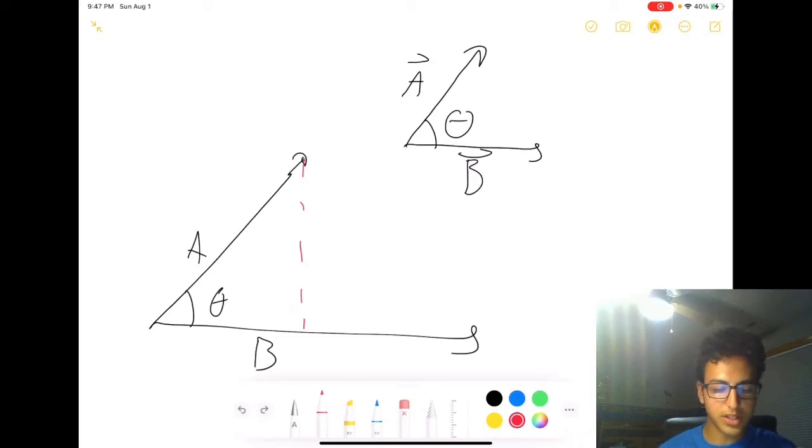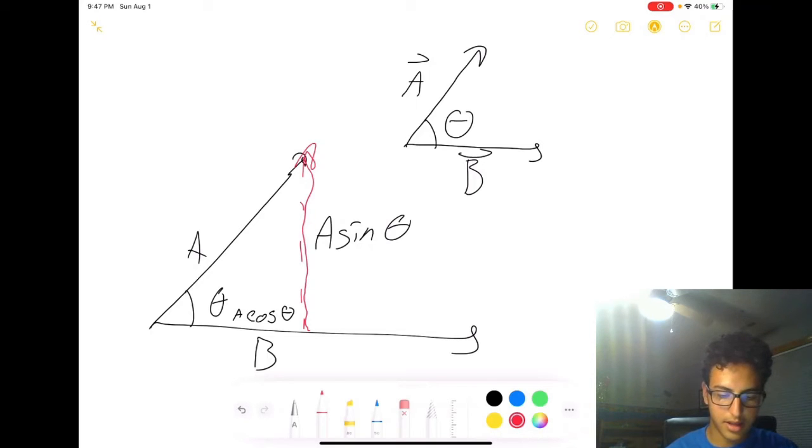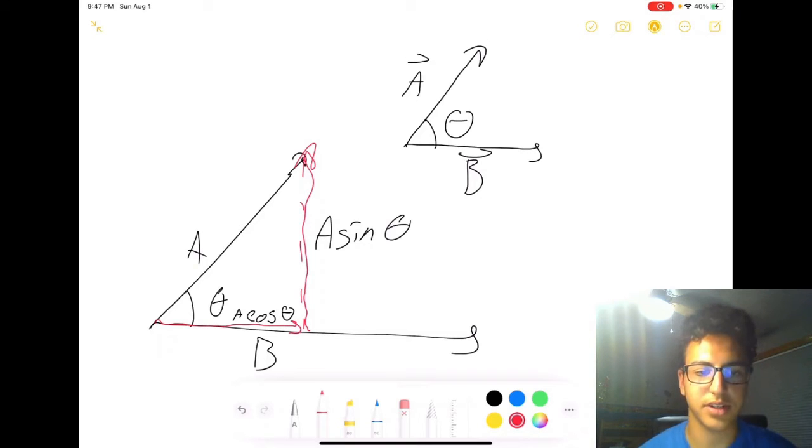So to solve a right triangle, we know that this side is A sine theta, and this side is A cosine theta. These two are the vector A in the B direction and the perpendicular to B direction.